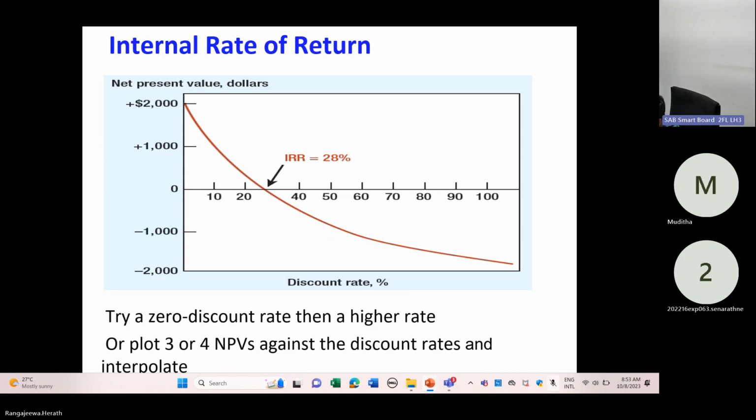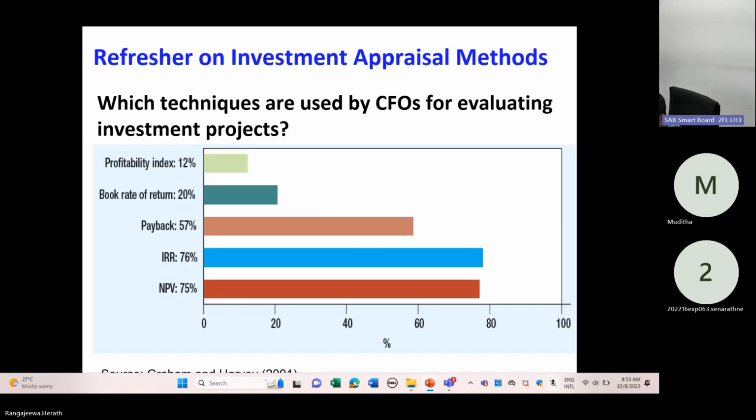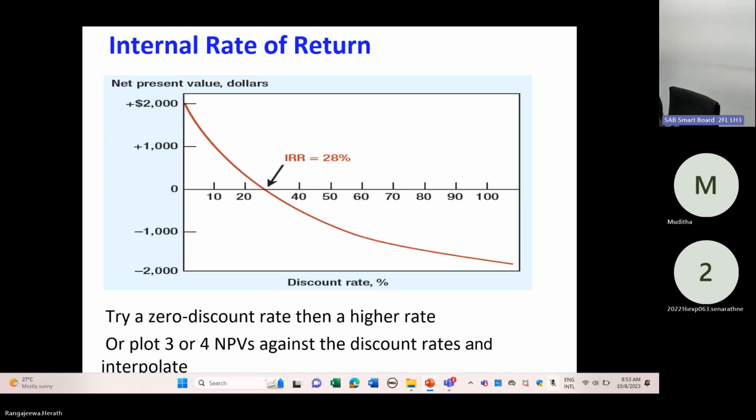So you will get one IRR, no issue. For most projects this is applicable. So that is why IRR is highly used by CEOs, because you find conventional cash flows in most projects. You can have an NPV diagram like this with one IRR.